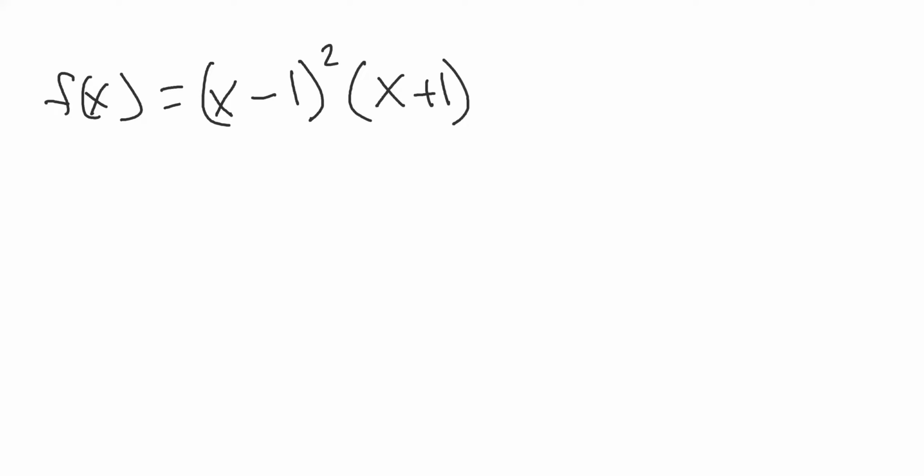So our function f of x is going to equal 2 factors of x minus 1, 1 factor of x plus 1, and then we've got a factor of x plus 3i, a factor of x minus 3i, and what was our other factor?